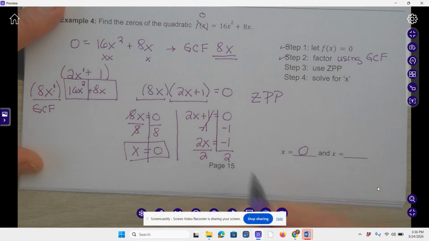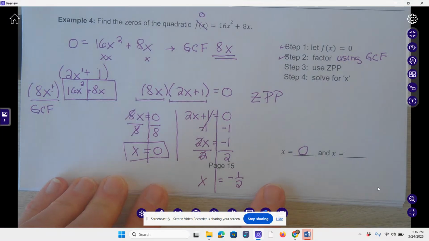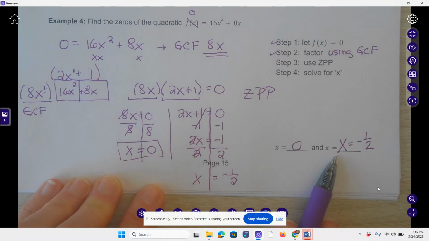I'm kind of running out of room here. 2 divided by 2 is 1, so I have 1x equals, I'm just going to leave that negative 1/2. If you want to put it in your calculator and write it as a decimal, that is fine. So this is x equals negative 1/2. Oh, I guess I didn't need to write the x equals. We already had that. So those are my solutions.